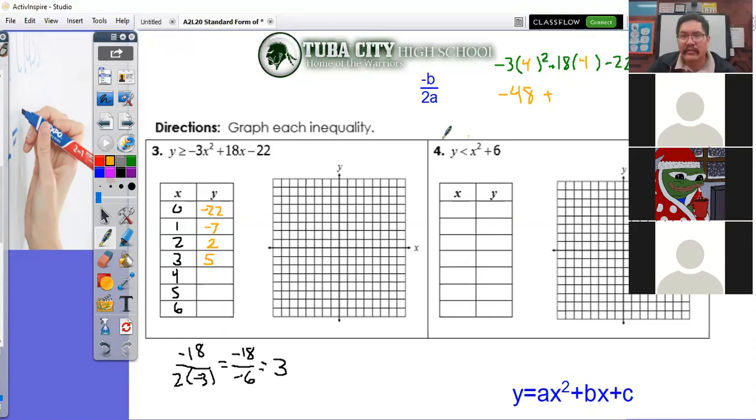Okay, no, I must have pushed the wrong button somewhere because I got something that was way off. Okay, let's see, 48 minus 22. Oh, no, 48. And that would be 2, which is pretty much what we expect because, again, it'll be symmetrical on both sides.